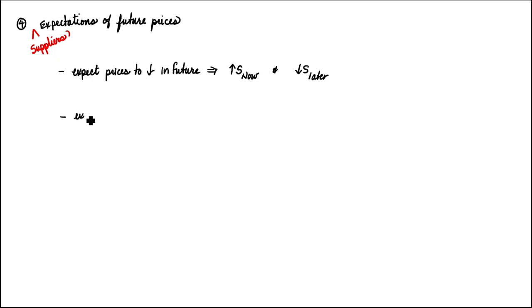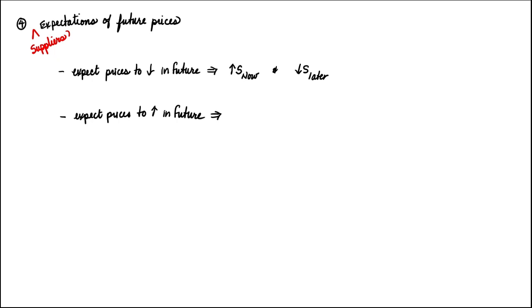If instead you expect price to increase in the future, now think about how you're going to behave. You've got some good, and you can sell it now or you can sell it later. And here, in this example, prices are going up.